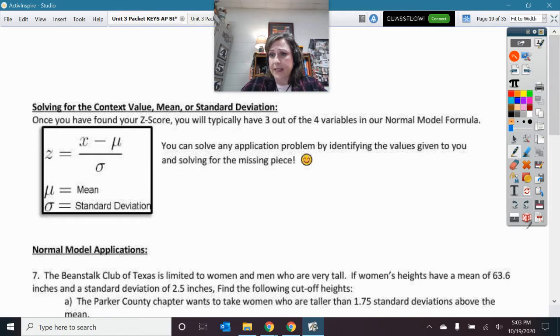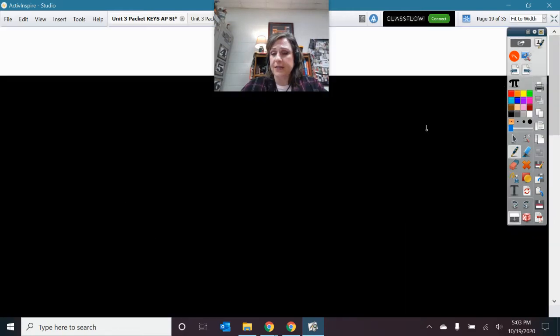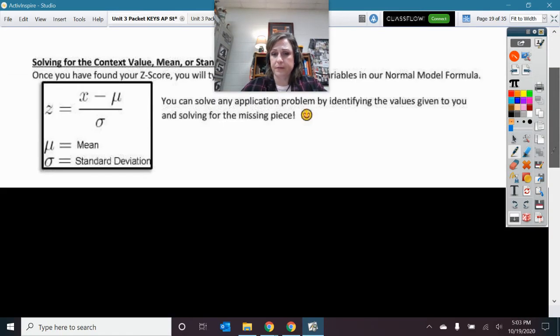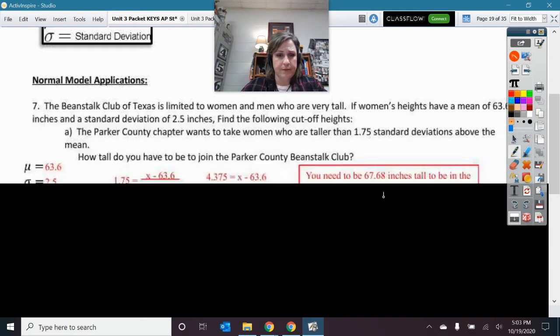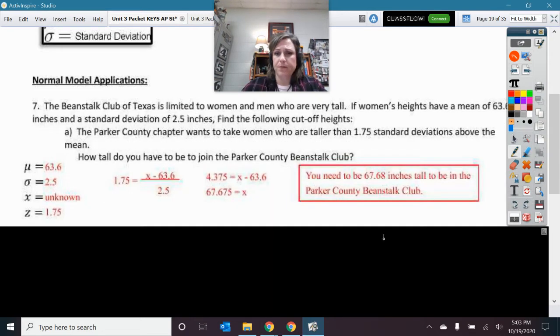You end up getting something that looks like this. So there we have it. See, our x was unknown. Here was our setup. Multiplied by 2.5, that gave me this. Then I added that 63.6 over. So you have to be 67.68 inches tall to be in the Parker County Beanstalk Club.